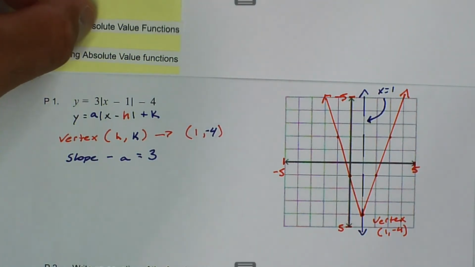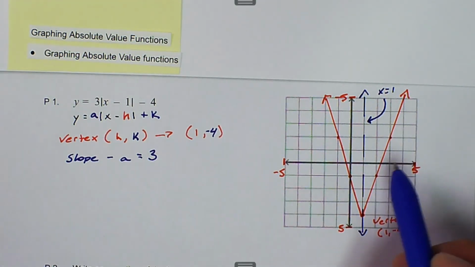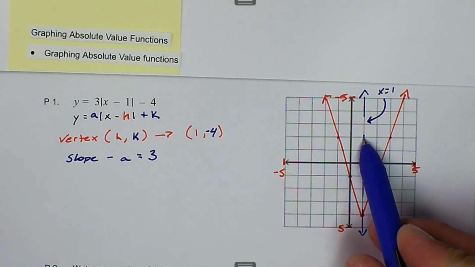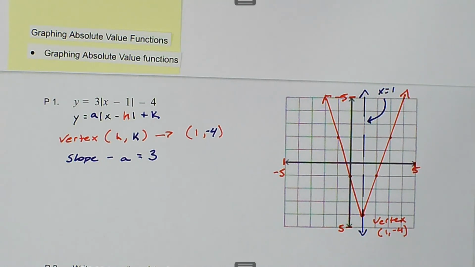If we go up 3 over 1, over 1, up 3 more, 1, 2, 3, over 2. So our axis of symmetry cuts the graph in half.